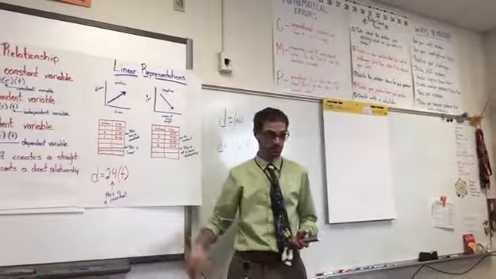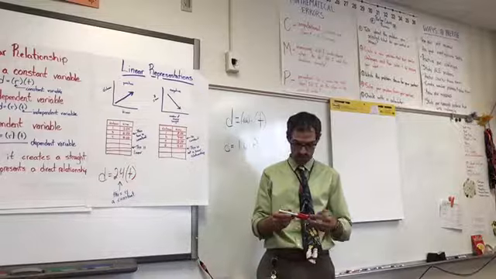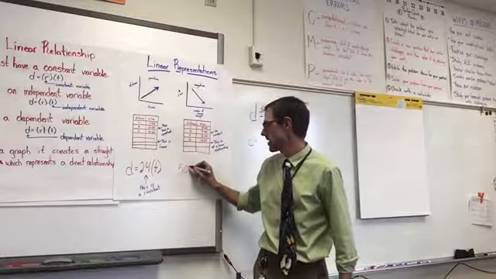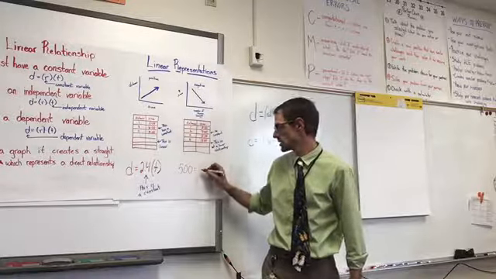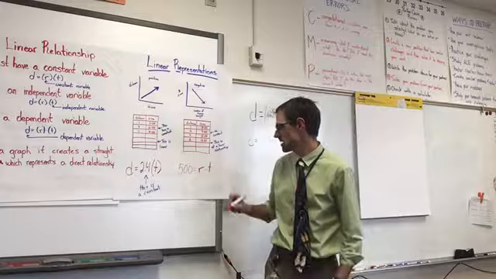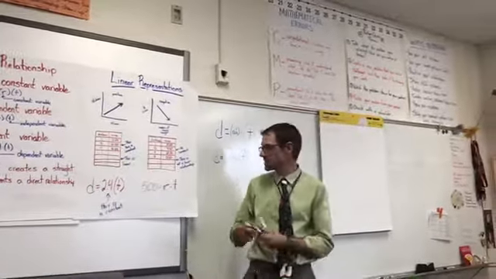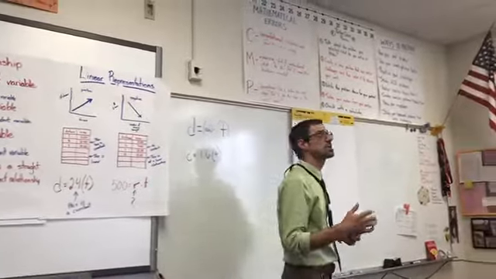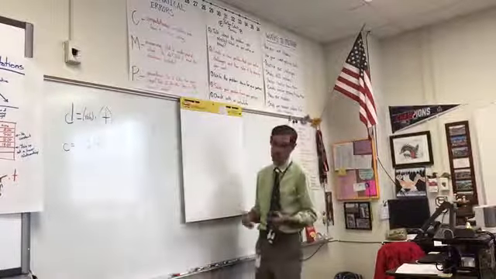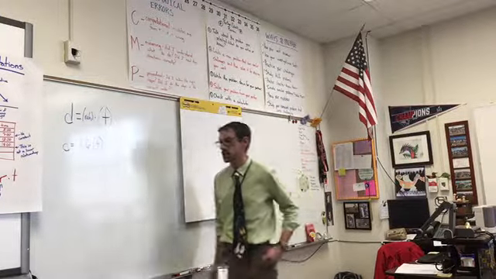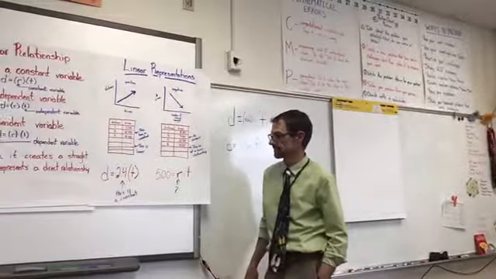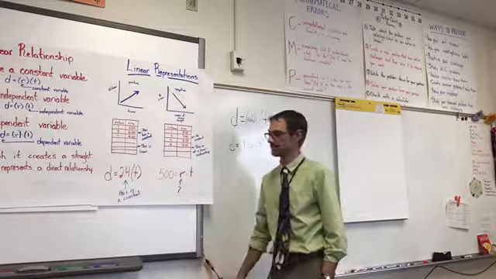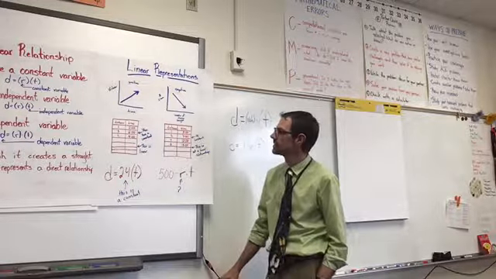If I did something like this, if I went 500 equals r times t, this is not, because I do not know what the rate is. Because I don't know what the rate is, it could be linear, it might not be linear. I don't know. Because the rate might change, or I might not be able to find the rate. Oh, that's minutes? I thought that was money.